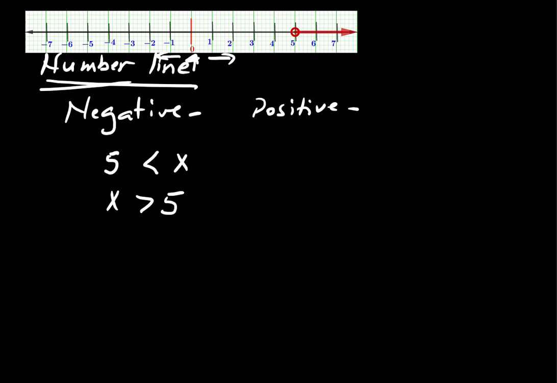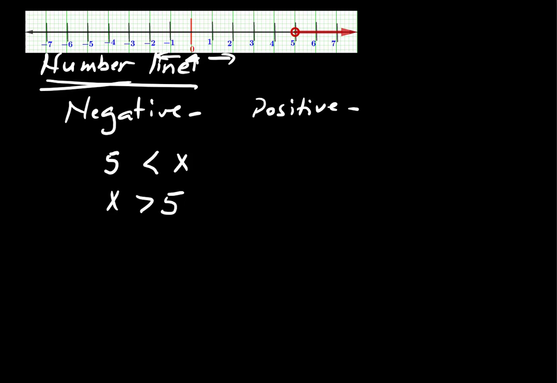If you look at the graph here, it is numbers strictly greater than 5. We have a hollow circle here showing that everything on the right side of the 5 but excluding 5 is part of this solution.